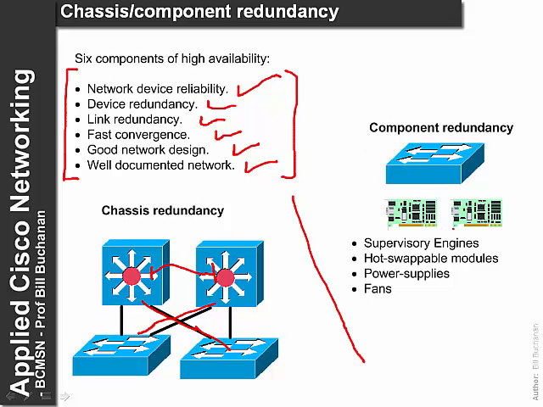We can also have component redundancy. With this, we might have redundant supervisory engines, hot swappable modules, redundant power supplies, fans, and so on. It is often the case that we need both types of redundancy. We would typically have redundancy inside the switch, but we would also have chassis redundancy.